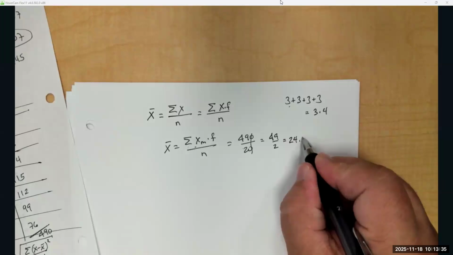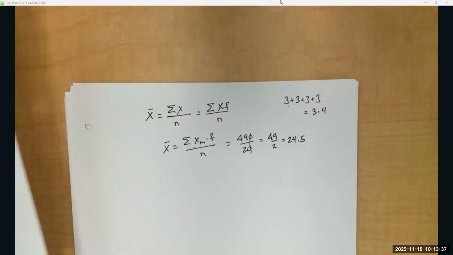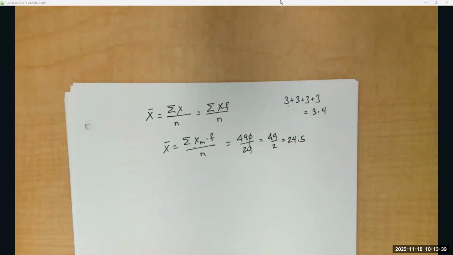No, leave it as a decimal. Because the average, does the average have to be one of the data points?